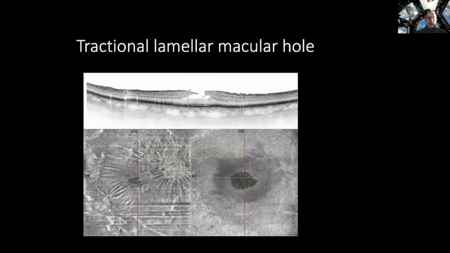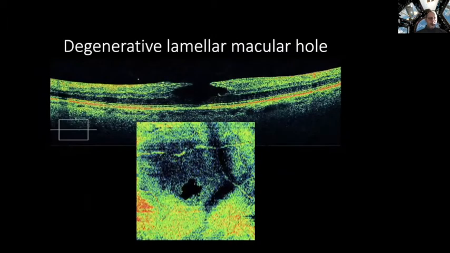The tractional lamellar macular holes revealed higher visual acuity and retinal sensibility due to the relative preservation of the outer retinal layers, compared to degenerative macular holes, like this case where the external retina is damaged by a degenerative chronic process and results in low visual outcome.